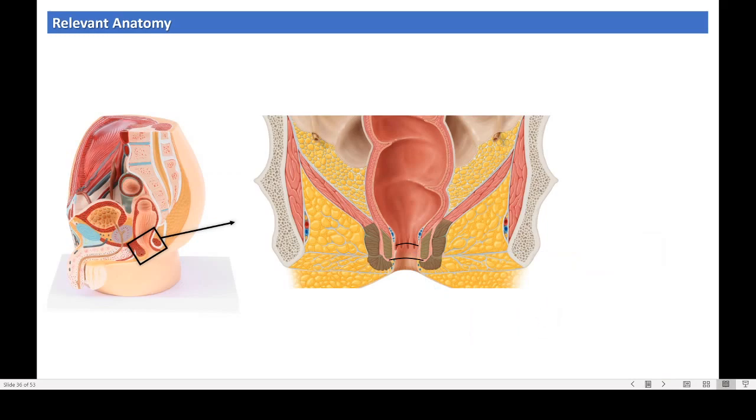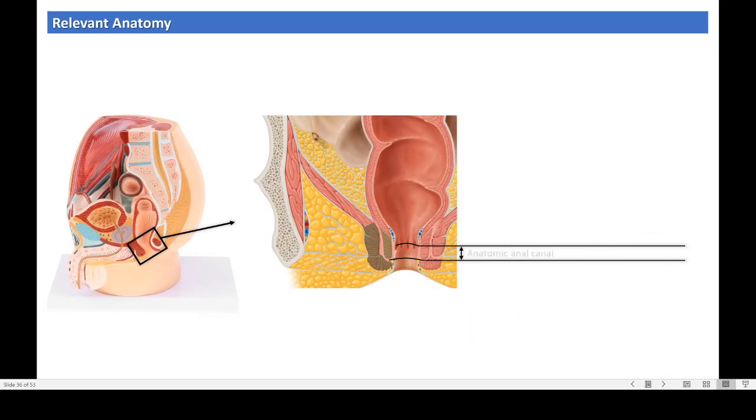First, the anatomic anal canal, as you can see, is from the anal verge to the dentate line, which is usually about 1 to 1.5 centimeters in length. Now, because that's not complicated enough, there is a surgical definition of the anal canal, which goes from the anal verge to this line, which is another 1 to 1.5 centimeters in length.